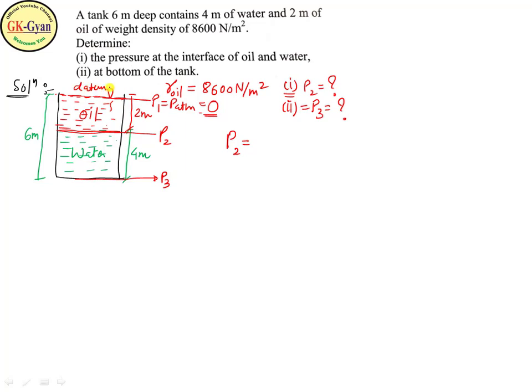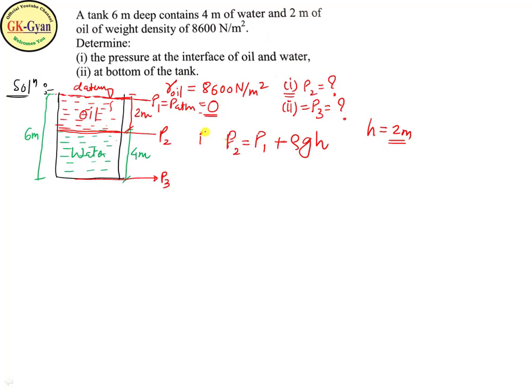Take this as datum. And we know the value of the pressure at the datum, P1, is 0. So P2 will be P1, and as you are moving downward, it will be plus rho g h. What is h? h will be 2 meter.